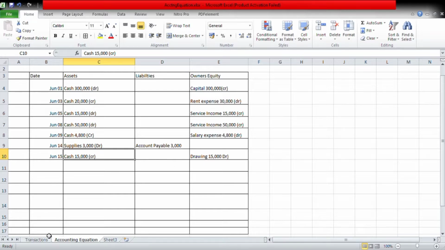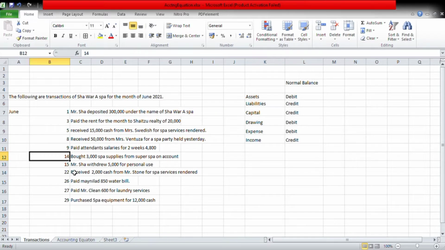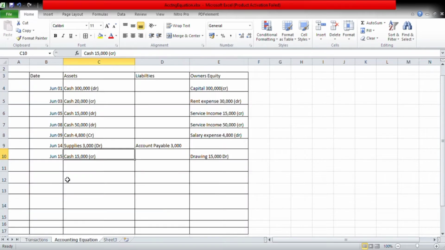So next, June 22, received 2,000 cash for spa service. So cash 2,000 debit and service income credit.